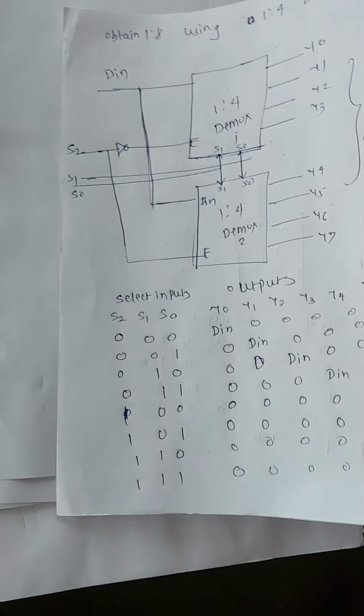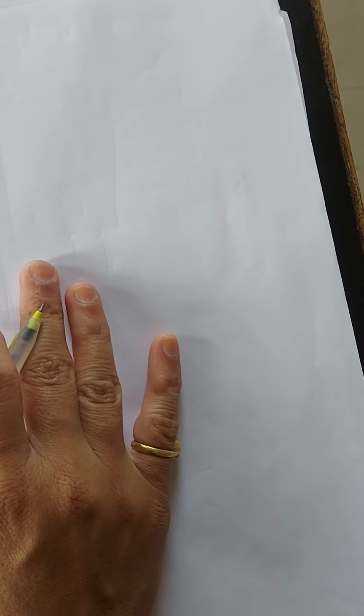Next, one question is asked, and it is very important: the comparison between Mux and Dmux. Multiplexer and demultiplexer are both combinational logic circuits. In a multiplexer, the number of data inputs is n; in a demultiplexer, there is one data input line.